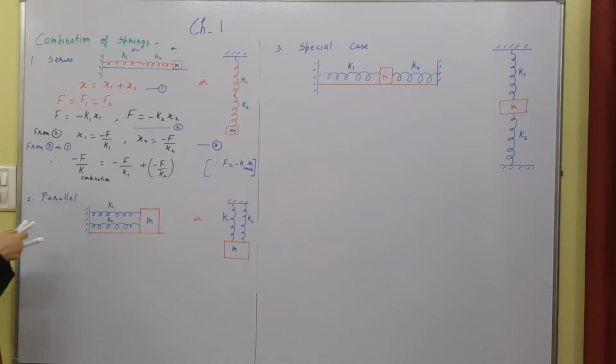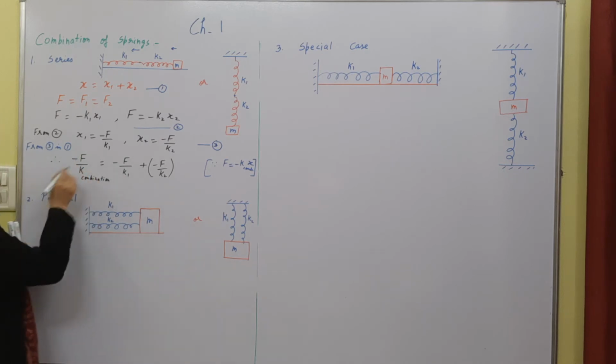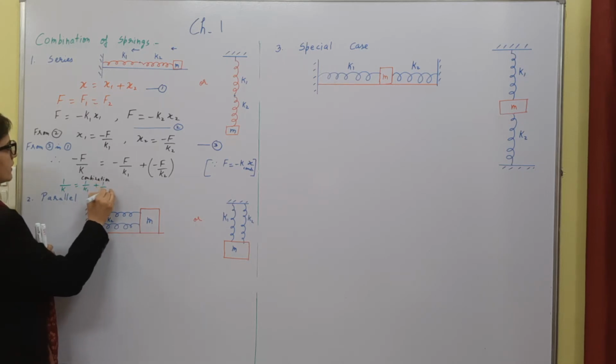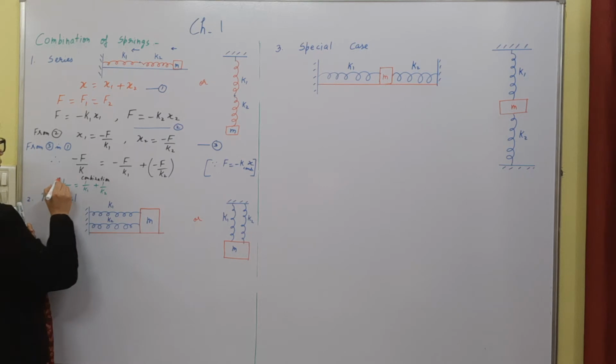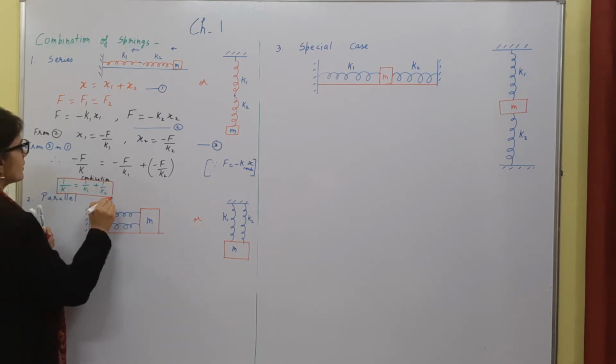Now from here F can be cancelled, minus can be cancelled, and we can write 1 by K is equal to 1 by K1 plus 1 by K2. That means in combination the spring constants will give a resultant effect like this: 1 by K is equal to 1 by K1 plus 1 by K2.